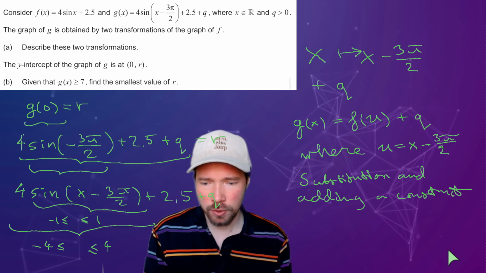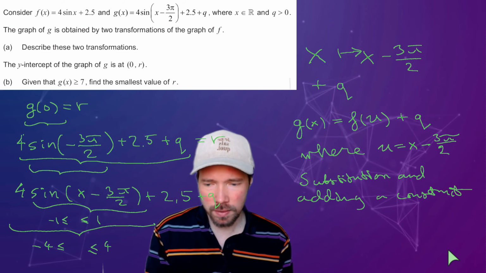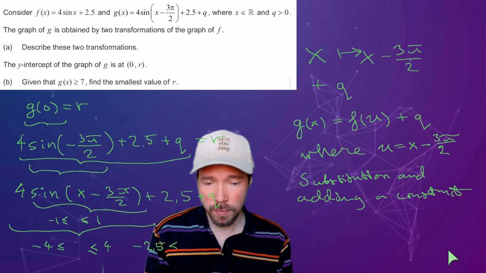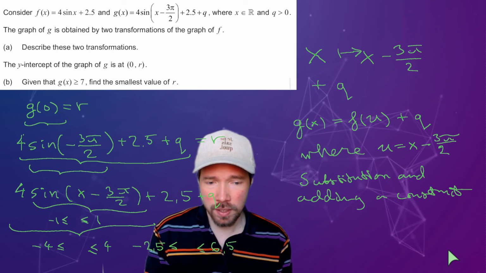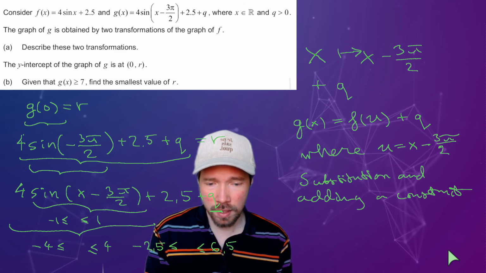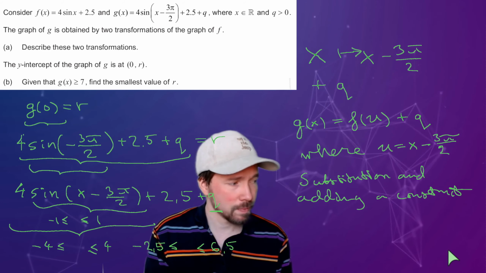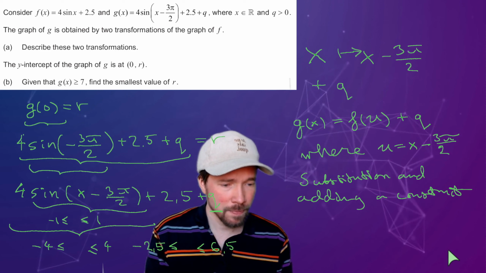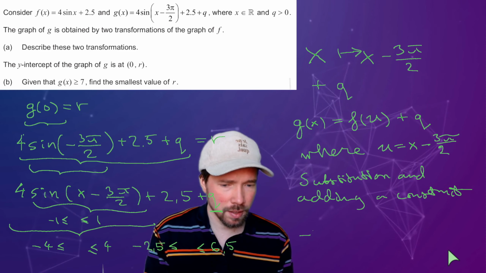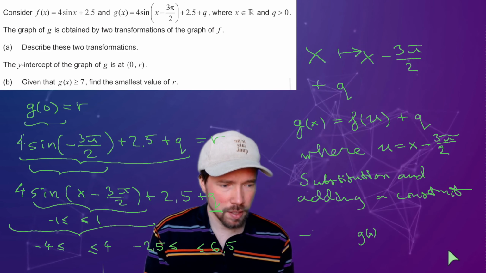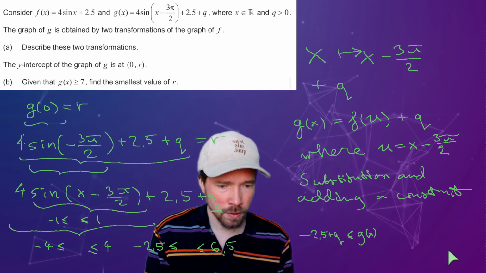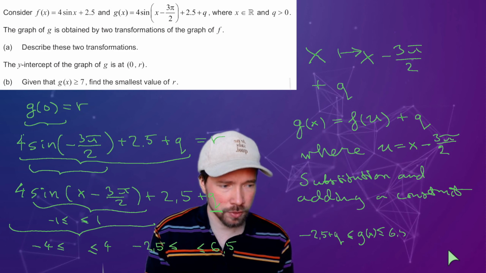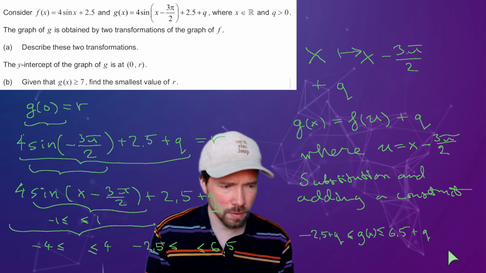When we add 2.5 to it, it becomes between minus 2.5 and 6.5. And we still add q to it, then we get that g is between minus 2.5 plus q and 6.5 plus q.